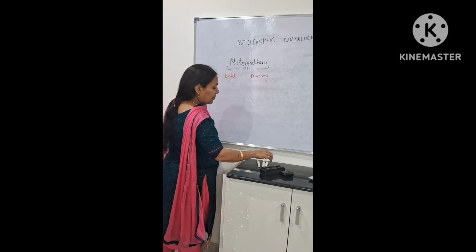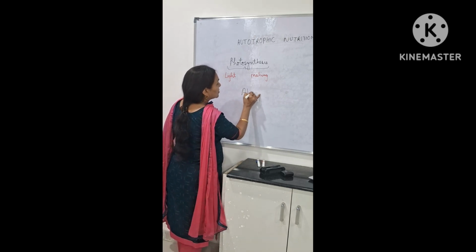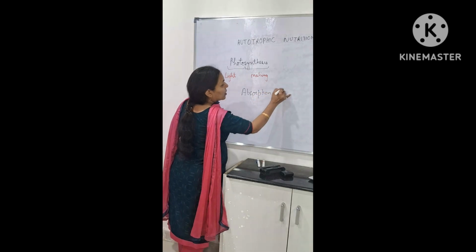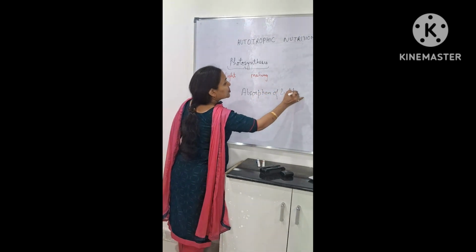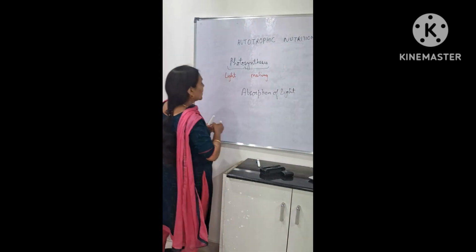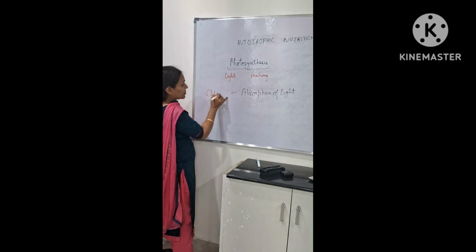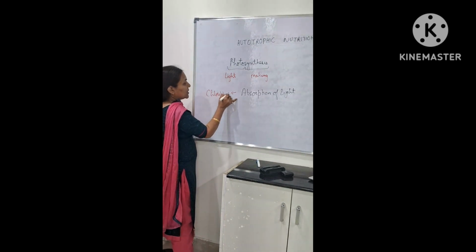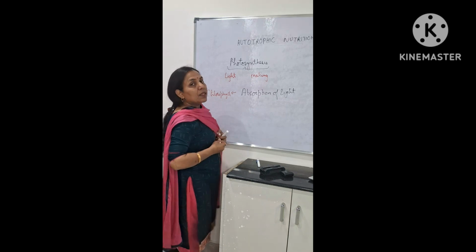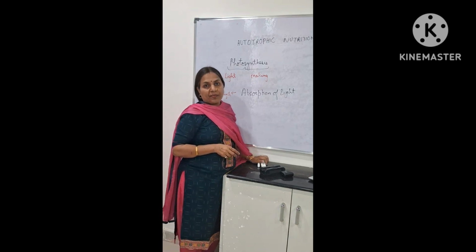The first event is absorption of light. Now this absorption of light is carried out by the green pigment chlorophyll, which is present in the chloroplast of the cells of the leaf.